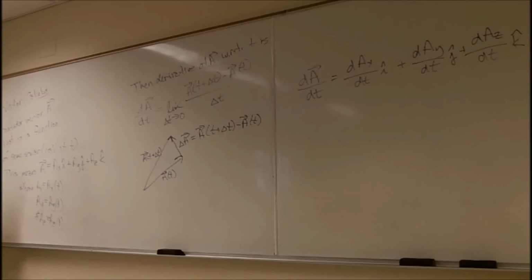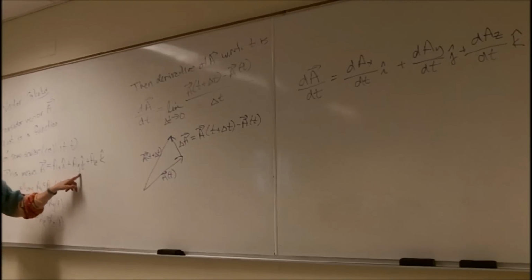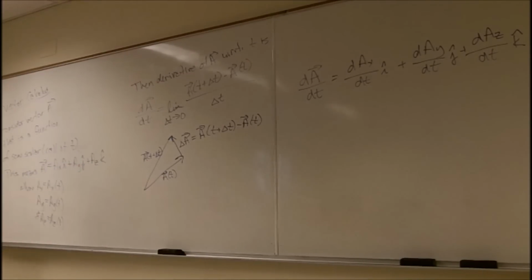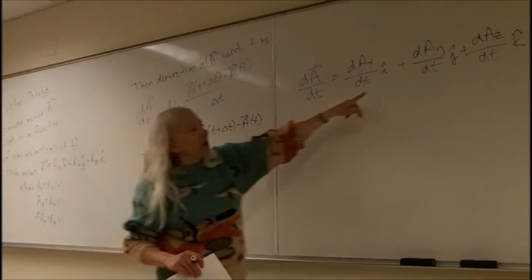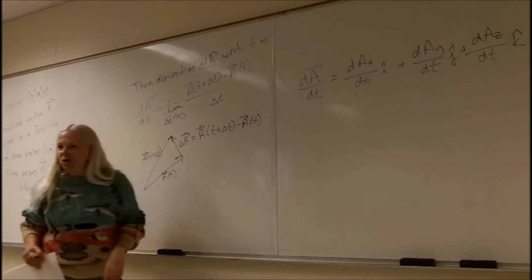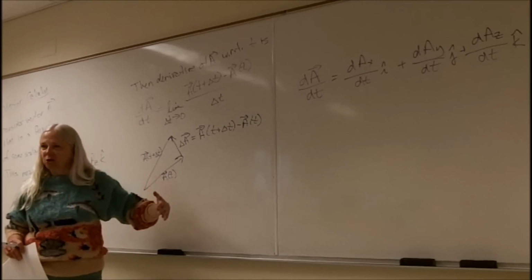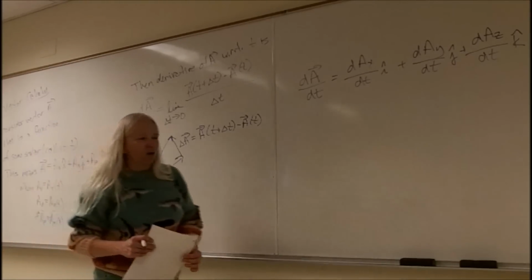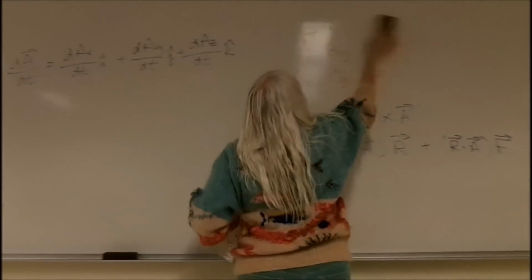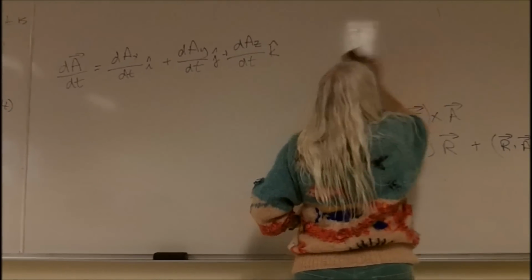So in other words, i hat doesn't depend on t, and that's why we didn't need that extra term, and of course the analogous two terms would come from differentiating the other two terms also. So that's why we only have 3 terms, not 6 terms here. But if we had unit vectors that were functions of time, we'd have some additional terms. It turns out in other coordinate systems, which we're going to get to later, that will happen, and we'll have to worry about that.